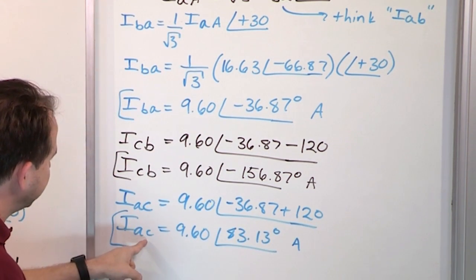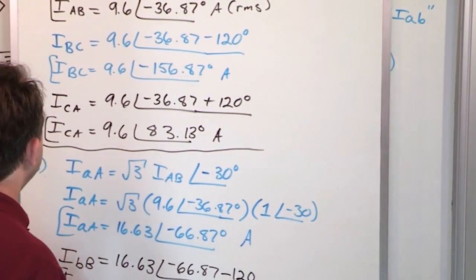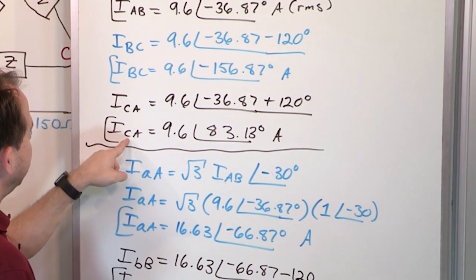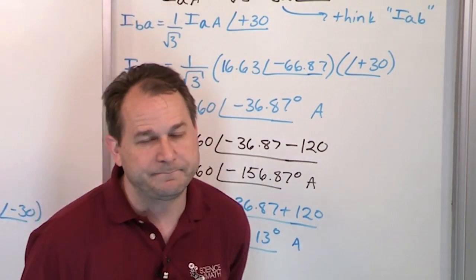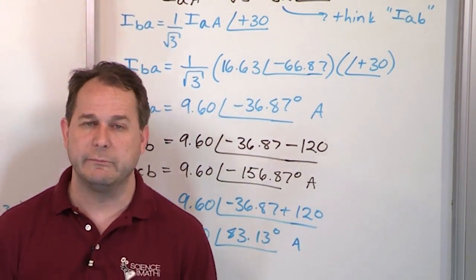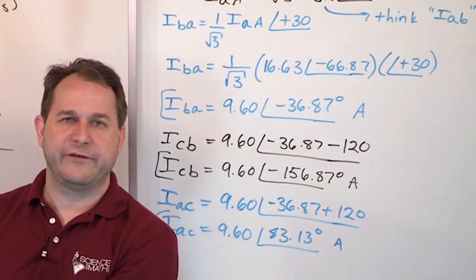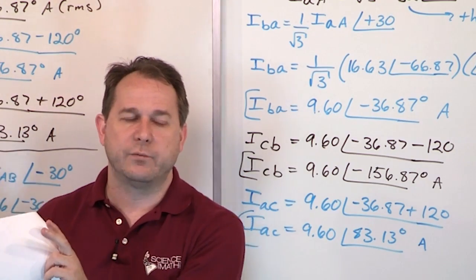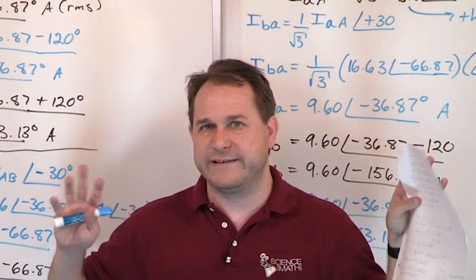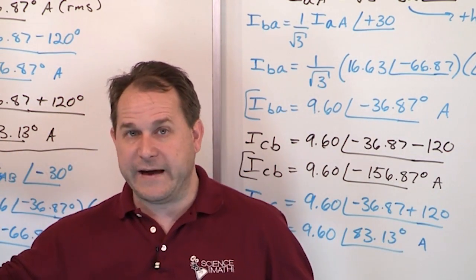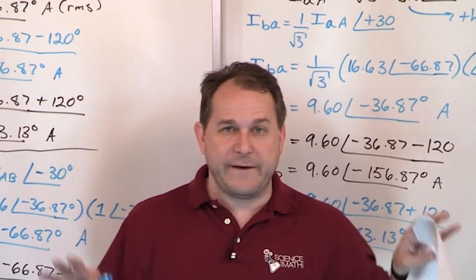Now look at the C phase: the generator current was 83.13, and the C phase for the load was again 83.13. So for this particular problem, the way it was set up, the phases of the currents in all branches of that triangle on the generator side were exactly the same as the phases on the load side. The generator phase angles match the load phase angles for every phase. They all match exactly.